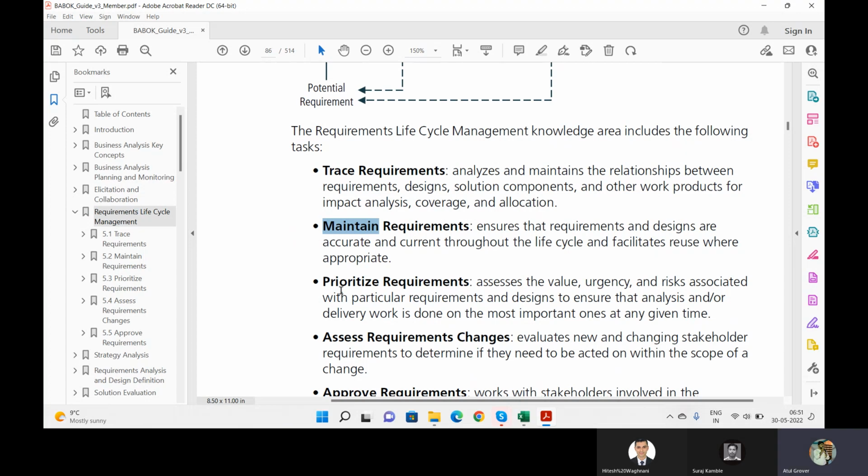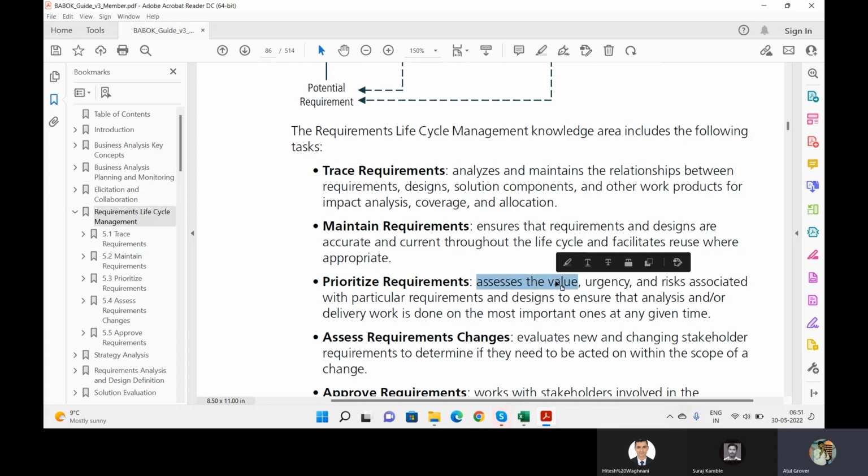Then prioritize the requirement. This question I asked in my interview specifically. How will you do prioritization of your requirements? The prioritization depends on a number of parameters. Number one, assess the value.